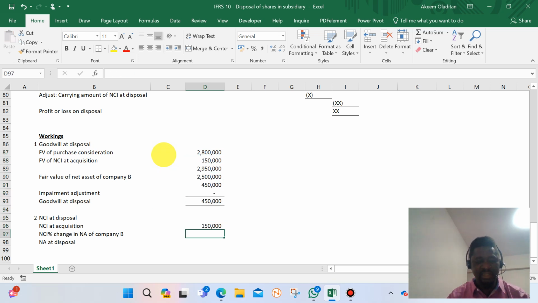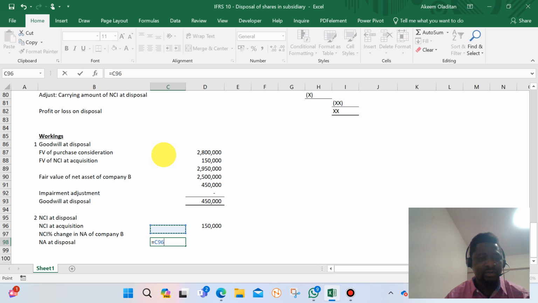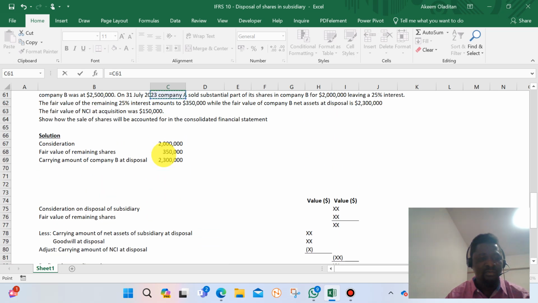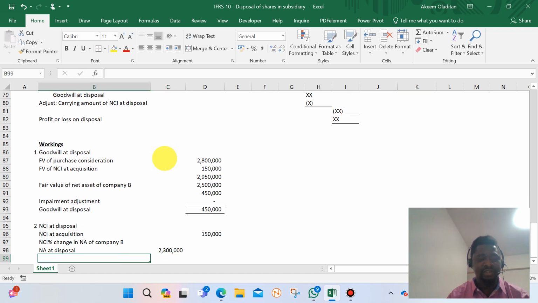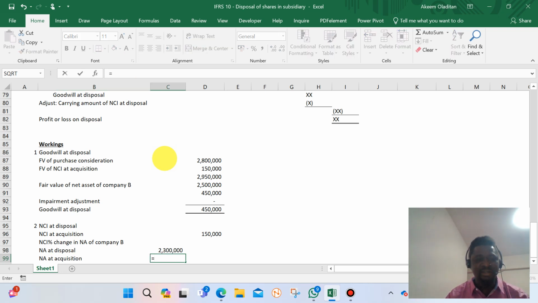So what is net asset at disposal? I think it was given. Fair value of company B net asset at disposal is 2.3. So it's still the same this. So what is net asset at acquisition? So net asset at acquisition is 2.5.